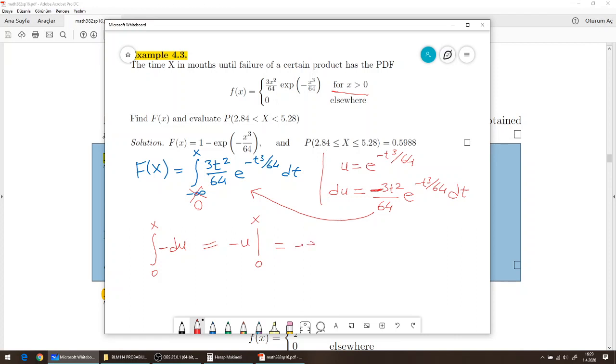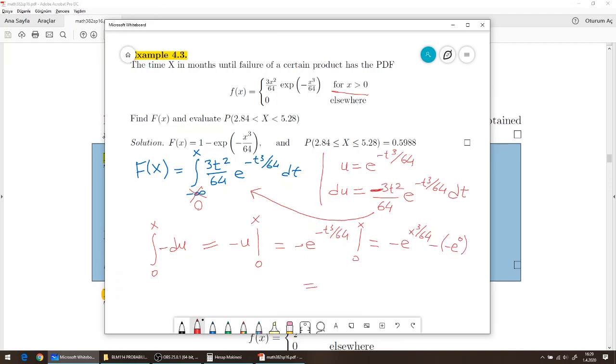Minus e to the power minus t cube over 64 from 0 to x, which equals minus e to the power x cube over 64 minus e to the power 0.